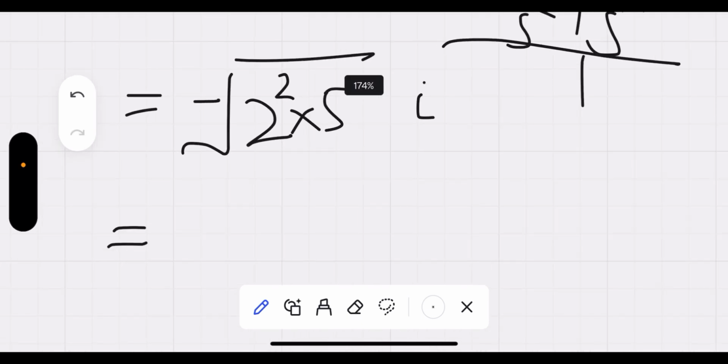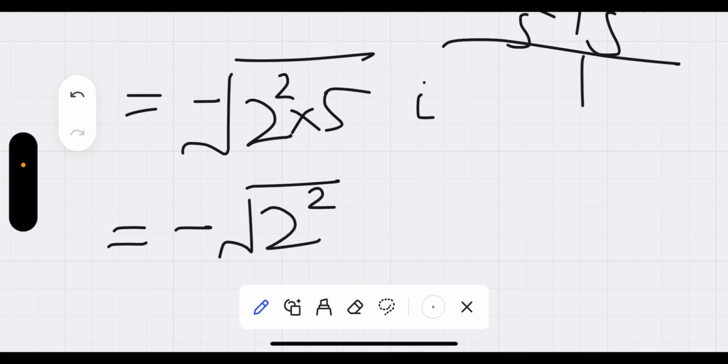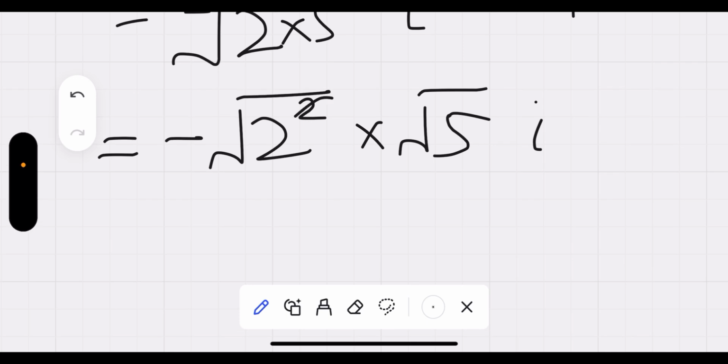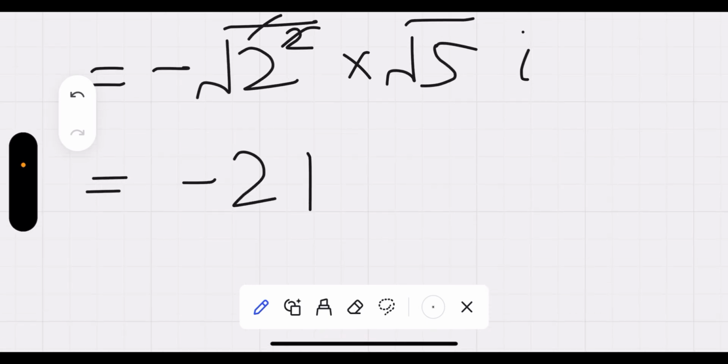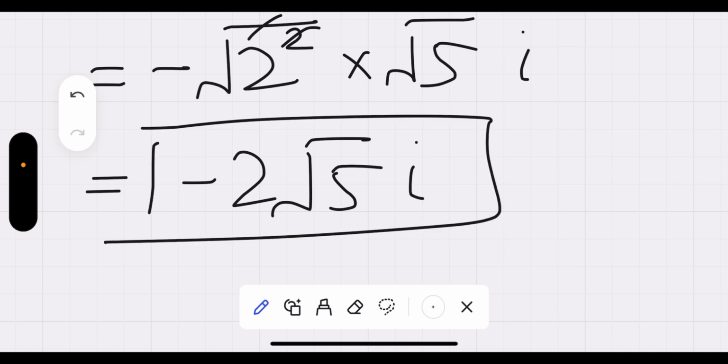So here we can write 2 square multiplied by square root of 5 iota. This square cancels the square root. So we have negative times 2 square root of 5 iota. Here we got the answer.